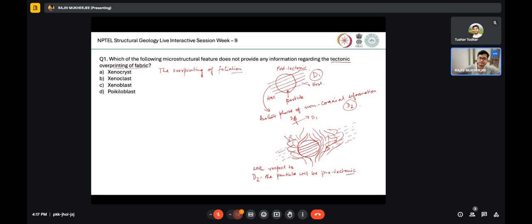So this is S2, this is S1, and the S2 will be cross-cutting S1, and it will generate granulation, because of the deflection. So this is an overprinting relationship.